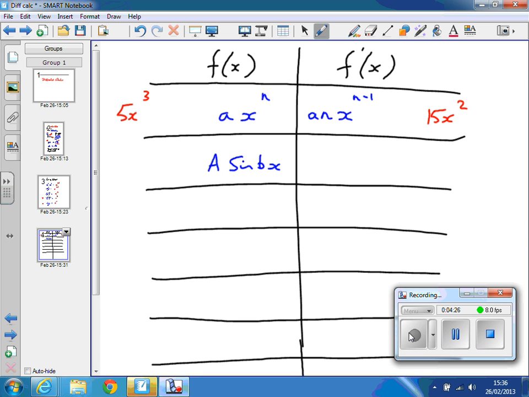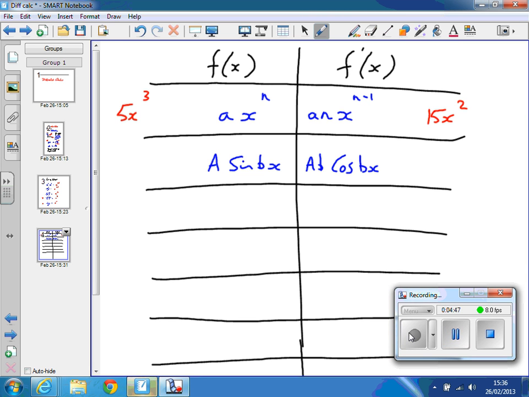Well, what we do when we differentiate this is, again, we bring the b outside, so a multiplied by b, and then the sine changes to a cosine, and the rest stays the same. So ab cos bx.